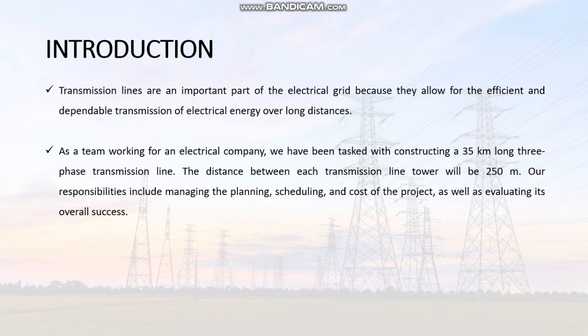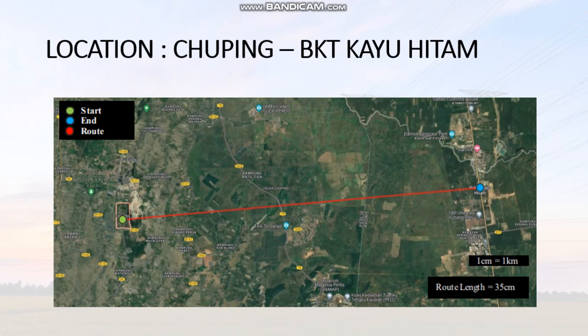In this task, our responsibilities include managing the planning, scheduling, and cost of the project, as well as evaluating its overall success. The location we chose for this project is Chuping to Bukit Kayu Hitam.